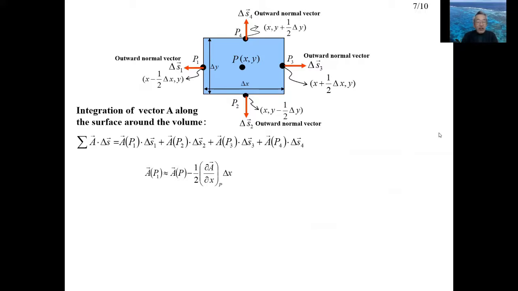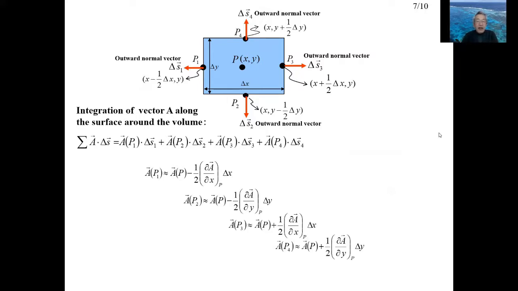Therefore, the value AP1 is AP minus partial A over partial x multiplied by half delta x. Similarly, AP2, AP3, and AP4 can be expressed in this way.